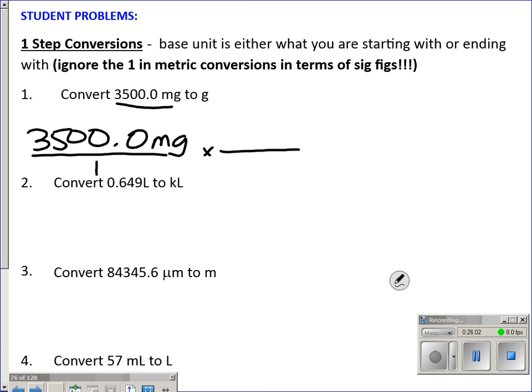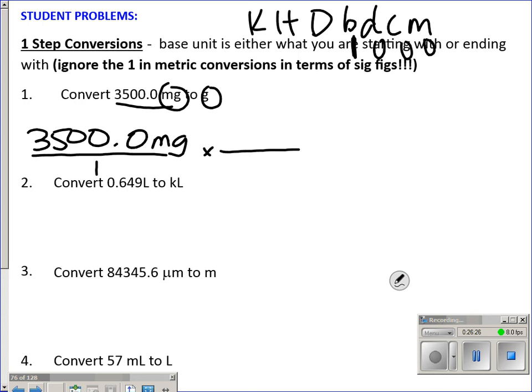This is easy because the only thing you have to do is compare grams and milligrams. Comparatively, which is bigger? Grams. So King Henry died by drinking chocolate milk. Where's gram at here? If I have 1 gram, how many milligrams are in a gram? 1,000. So you know 1 gram is 1,000 milligrams. Which one do I put on bottom?